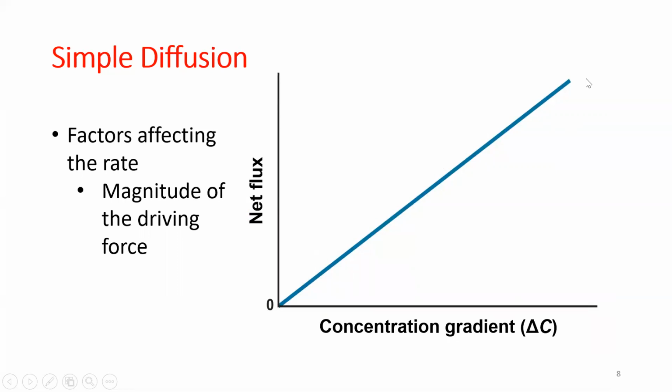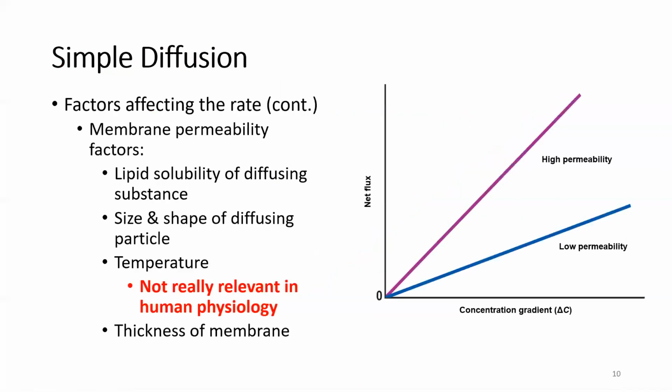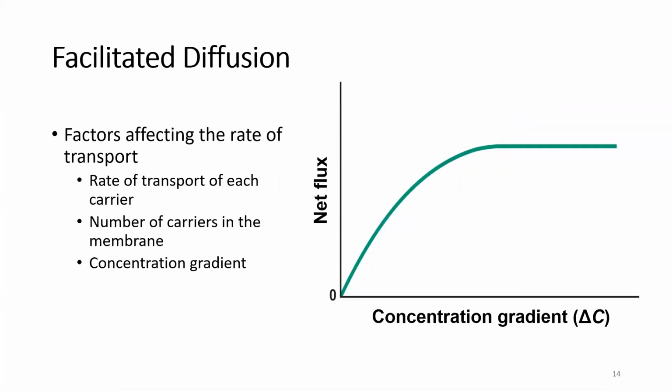As long as we increased the concentration gradient, we then increase the net flux or the net movement of particles. But here in the facilitated diffusion, because we have a limited resource, we don't see that completely, indefinitely linear relationship. When we max out the number of carriers, the concentration gradient can still increase, but the net flux is going to remain the same.